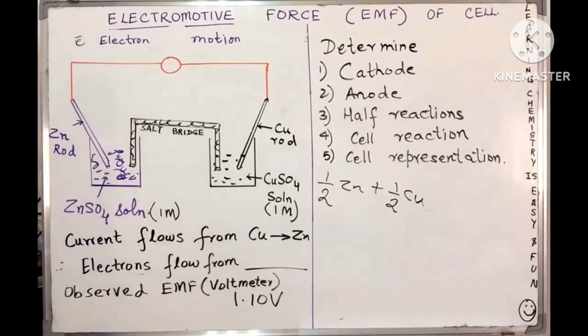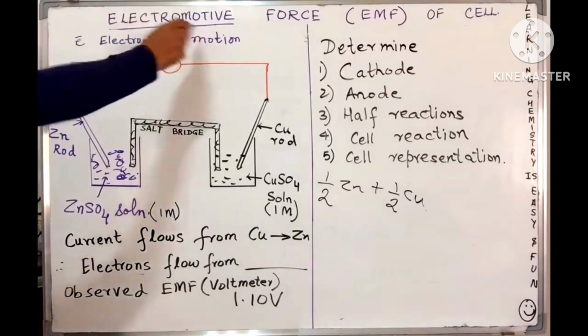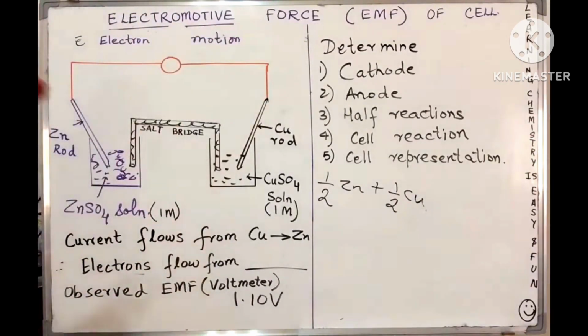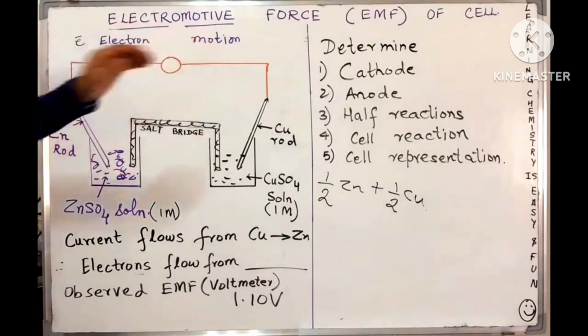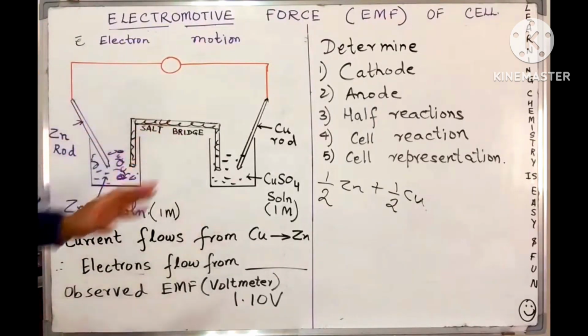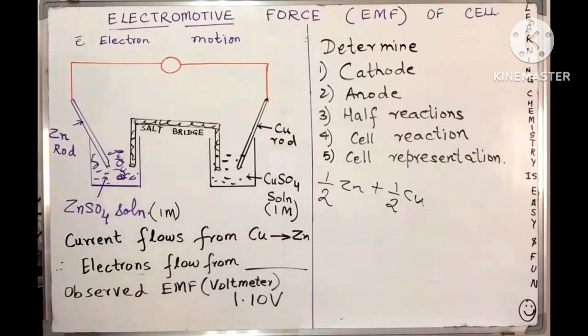These are the different meanings we can derive from the word motive. Force: the force which causes the movement of electrons in a specific direction in a cell is what we call electromotive force under standard conditions.